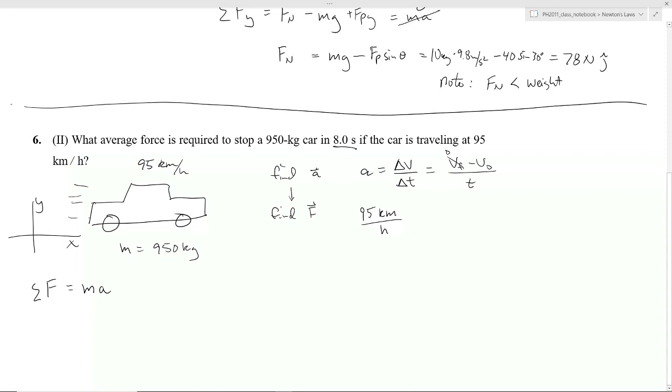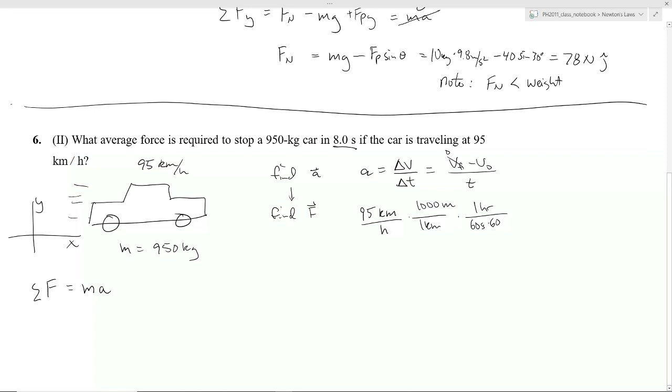Kilometers per hour. So there are different unit conversions that you can use. We know that in 1 kilometer, there's 1,000 meters. And we also know that in 1 hour, there are 60 seconds times 60 minutes. So there are 60 times 60 seconds.